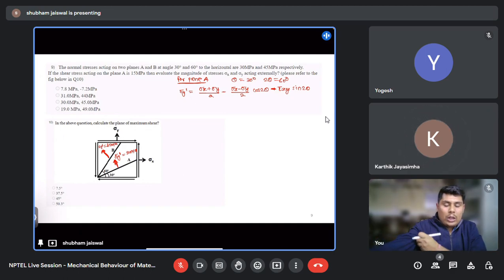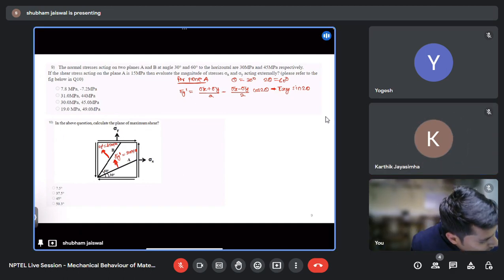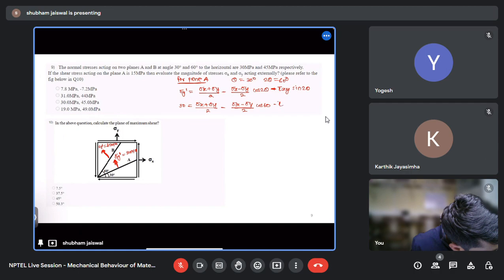So now put the values here. Sigma y prime is given as 30. That is (sigma x plus sigma y) by 2 minus (sigma x minus sigma y) by 2 cos 2 theta, means cos 60, minus tau xy sin 60.